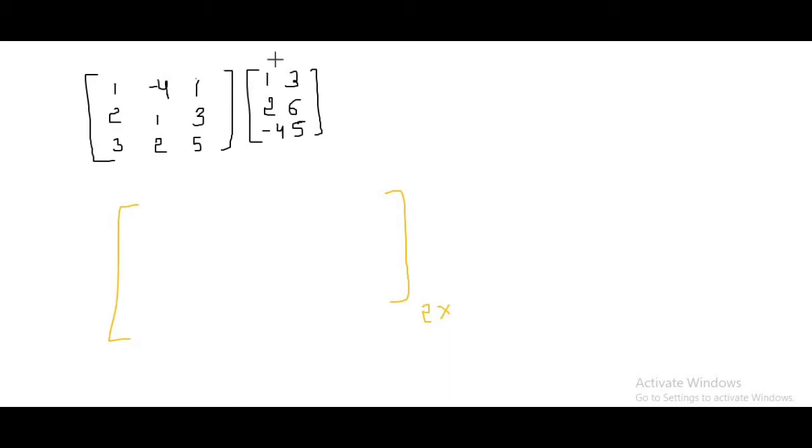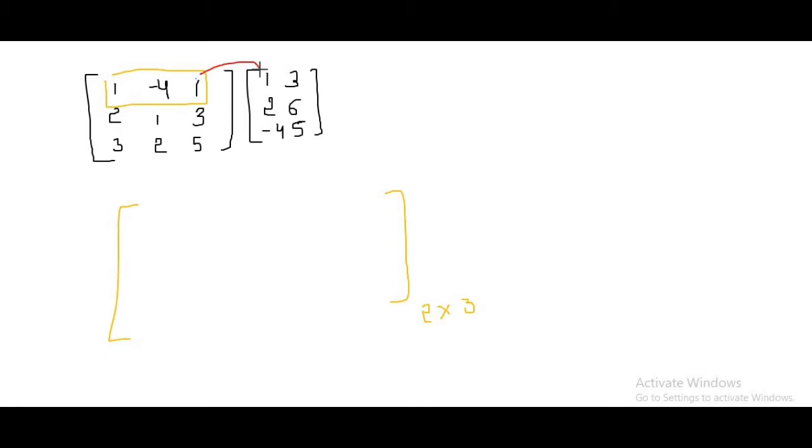Remember that if you multiply two matrices, the resultant matrix rows will be the number of columns of the second matrix. The resultant matrix columns will be the number of rows of the first matrix. And our multiplication is as usual.